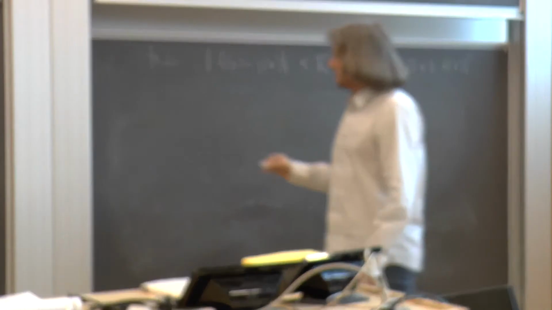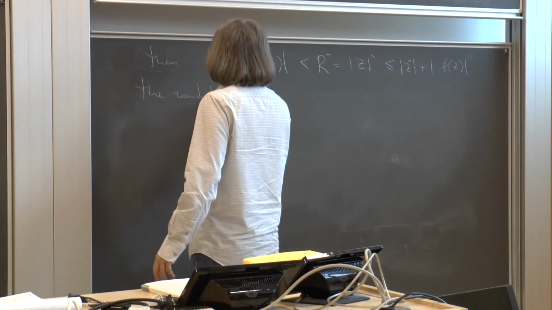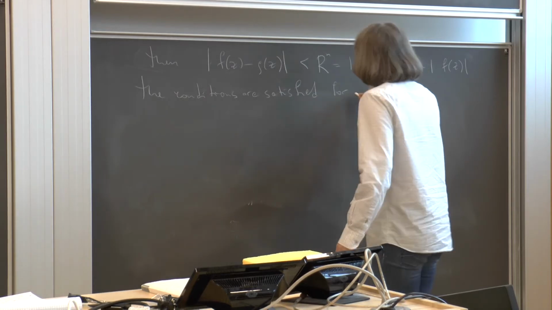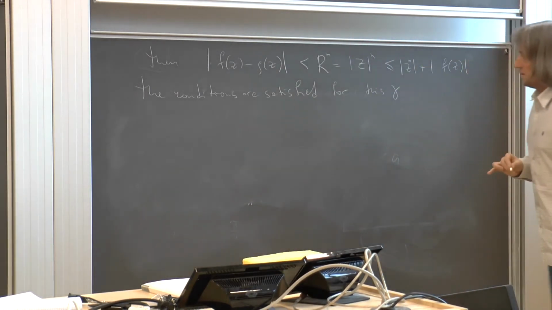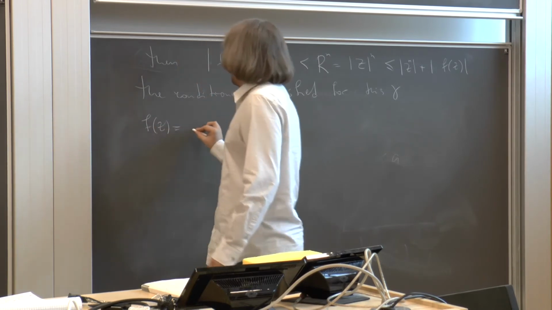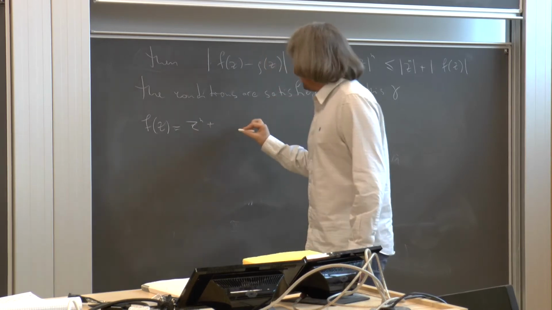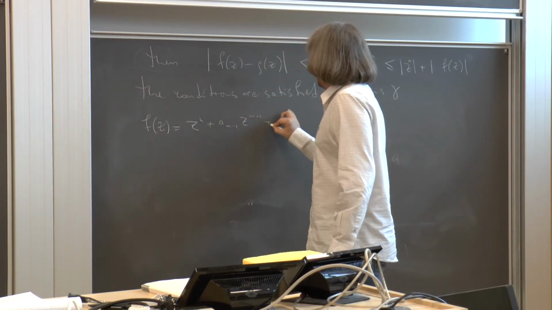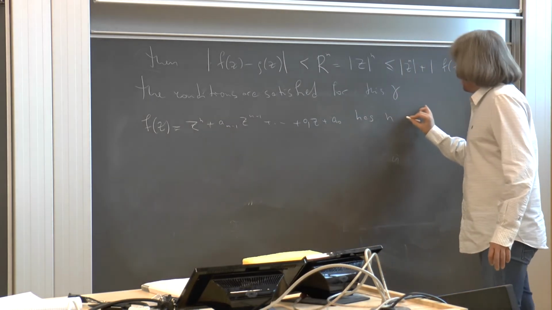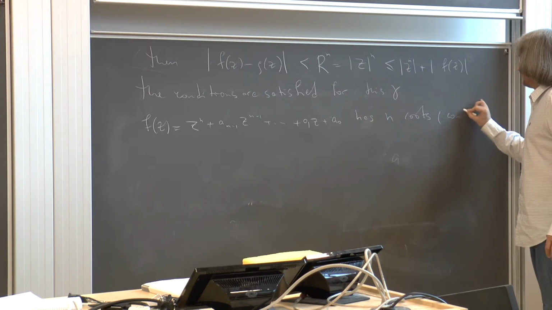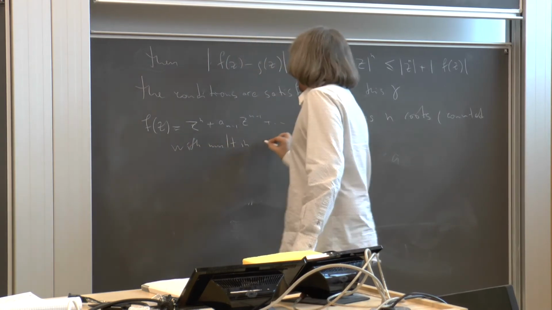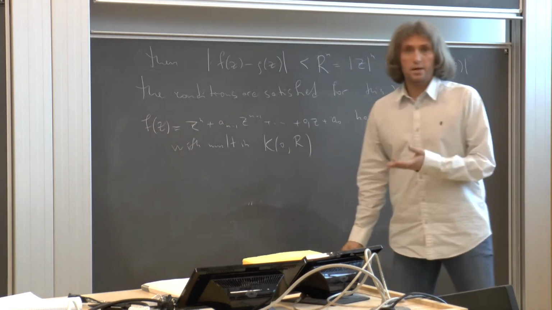So the conditions are satisfied for this gamma. Yep. And applying the theorem, we get that f of z, which is this random polynomial of degree n, has n roots counted with multiplicities in the disk of radius r. And that's what we wanted to do.